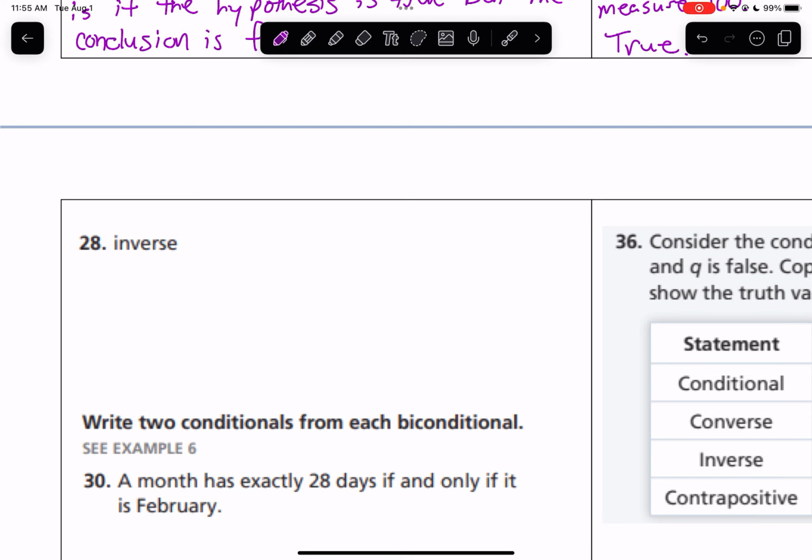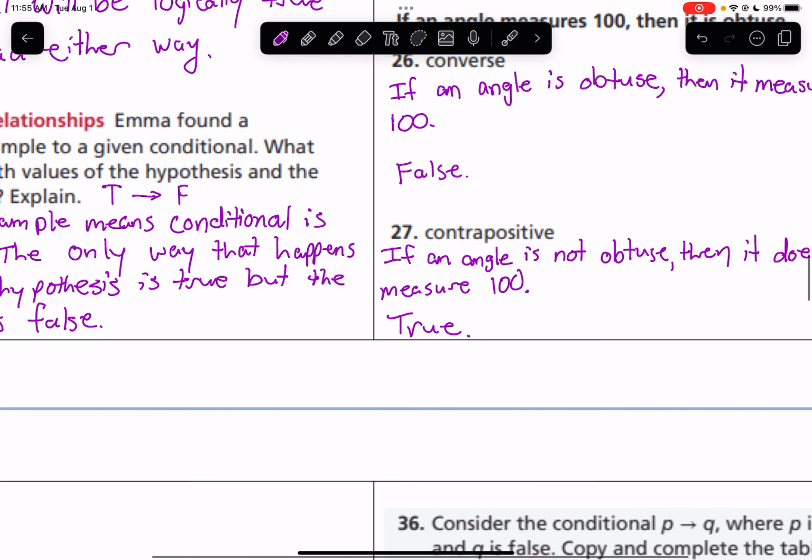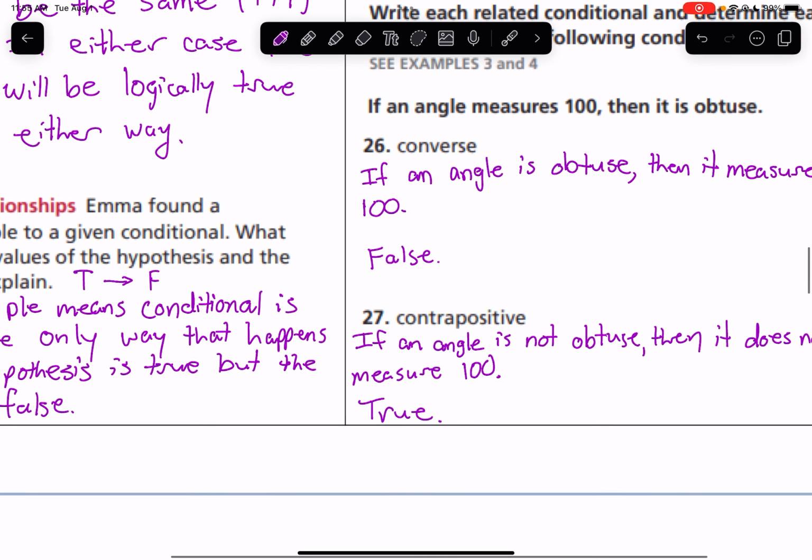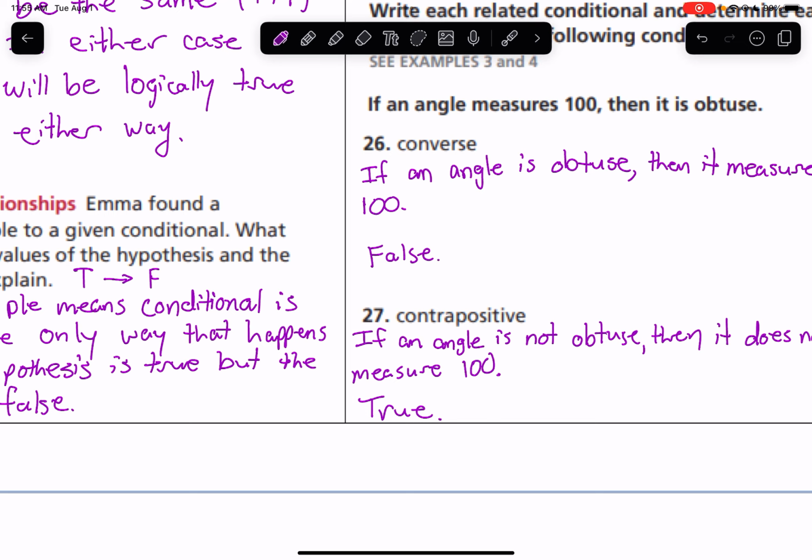So remember, the inverse is we're not going to switch the hypothesis and conclusion, but we are going to negate the hypothesis and conclusion.